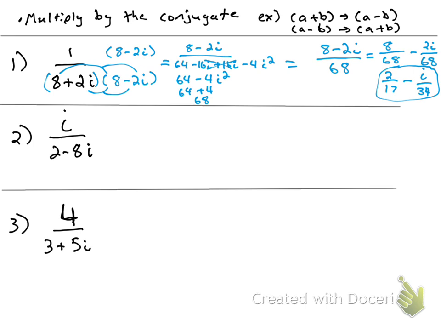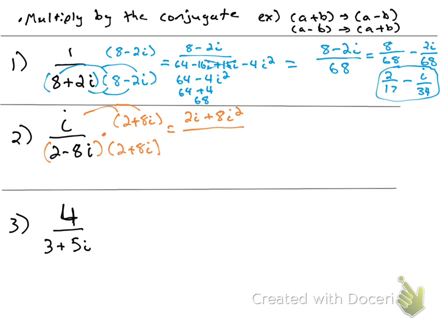All right. Number 2. What would we multiply by? 2 plus 8i. Good. So in the numerator, nice and easy, we would just distribute. 2i plus 8i squared over.